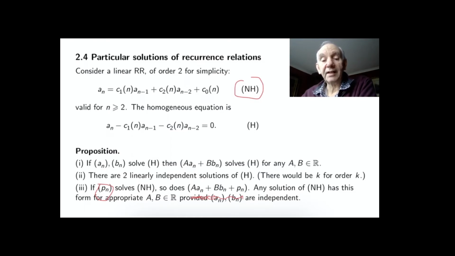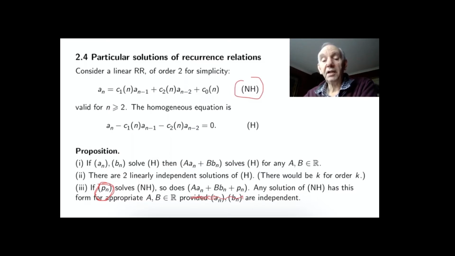So another way of saying that is that any other particular solution will differ from our first one, Pn, by adding a linear combination of the 2 solutions we have of the homogeneous equation. Okay, so that is the situation, and we essentially used these facts in the worked example I did before.